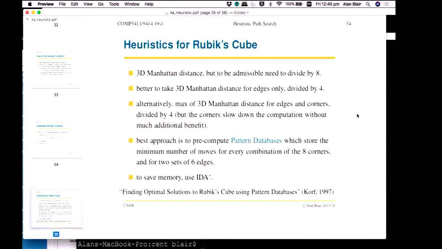And this is very clever, because if you think about it, there'd be some situations where the corners are nearly right, but the edges are very wrong, and there's some situations where it's the other way.